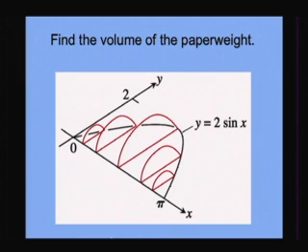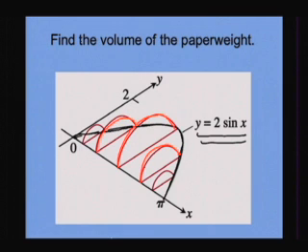What we see is we have the curve right here, which is y equals 2 sine x. Then these fins that are created, in red, are semicircles, each one of them where the diameter is equal to that function y equals 2 sine x.